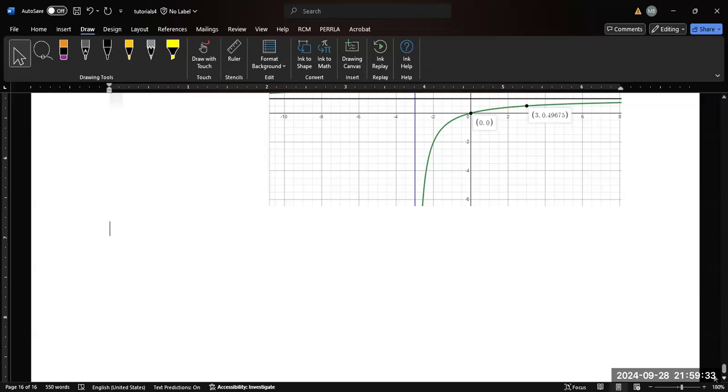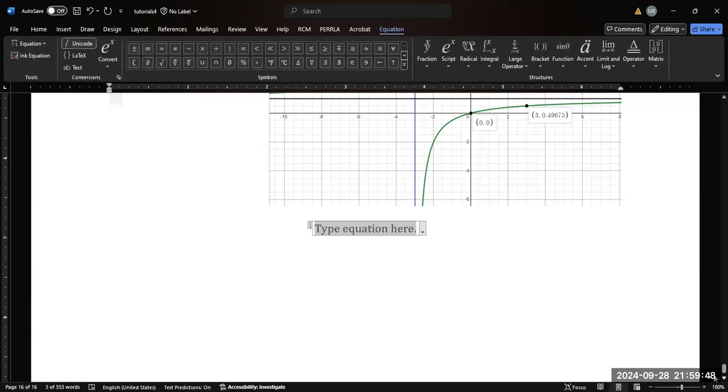You can have oblique asymptotes where the numerator is a higher degree than the denominator, in which case you would have a diagonal line that you have to approach. But we're going to do one more example with the repeated root case, because we won't be able to cover every possible combination of things in a single video, unless the video was like 50 minutes long.